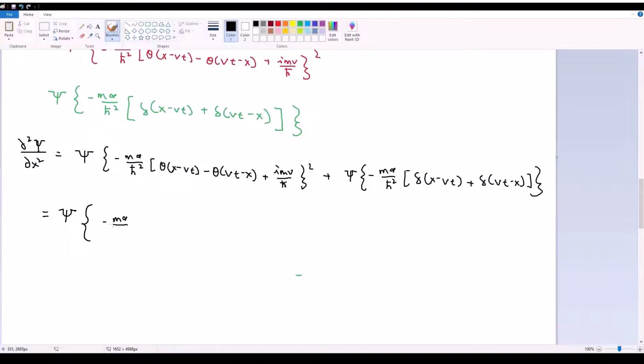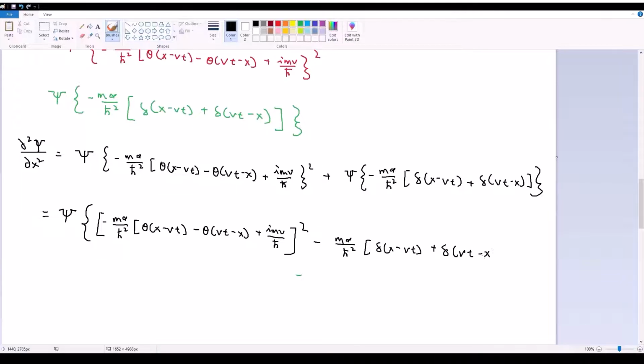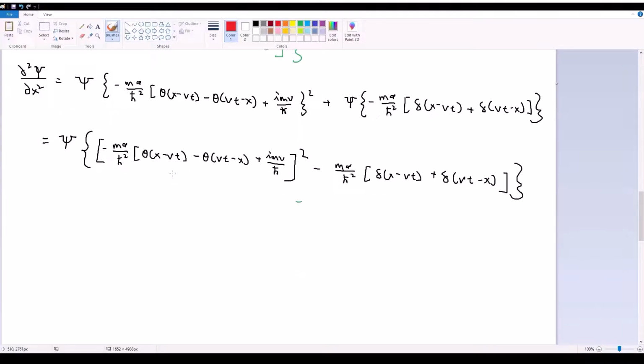Negative m alpha over h bar squared times theta of x minus vt, minus theta of vt minus x, plus i mv over h bar, cap everything off with a big bracket, square this, and then minus m alpha over h bar squared times Dirac delta of x minus vt plus Dirac delta of vt minus x. And now I have to distribute out this binomial, which is going to be very annoying.